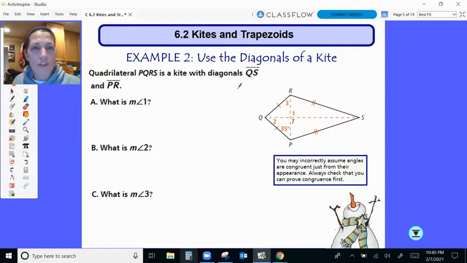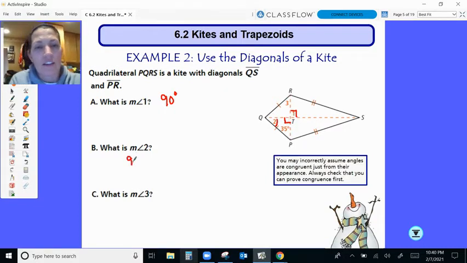In quadrilateral PQRS, a kite with diagonals QS and PR, what is the measure of angle 1? Again, we know that the measure of angle 1 here where they intersect is 90 degrees. The measure of angle 2 up here: if this is 90 degrees, we have a right triangle in here.